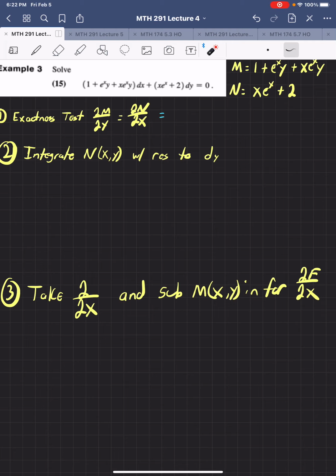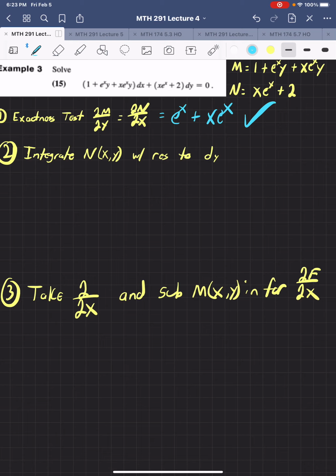But first, we have to test for exactness. So if you would have taken the partial of M with respect to y, and the partial of N with respect to x, you would have found that in either case, you would have gotten e to the x plus x e to the x.